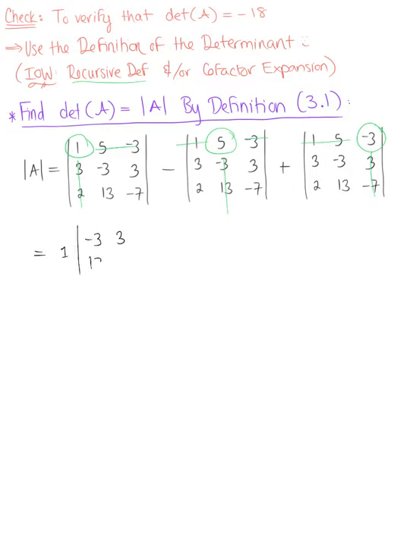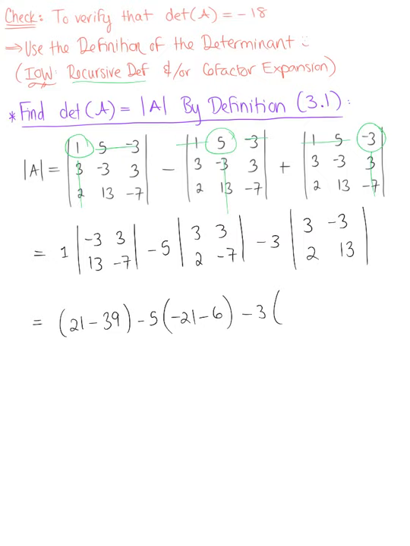In case 1 here we have negative 3 times negative 7 for a positive 21 minus 13 times 3, which is 39, minus 5 multiplied by negative 21 minus 6, minus 3 multiplied by positive 39 minus a minus 6, or plus 6. And so this is leaving us with 21 minus 39, which is negative 18, minus 5 multiplied by a minus 27, minus 3 multiplied by 45.